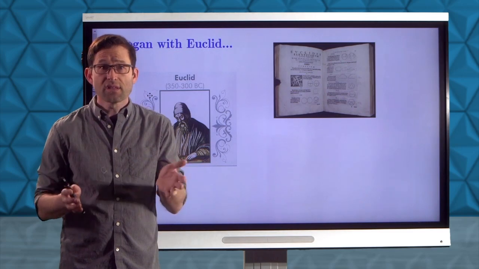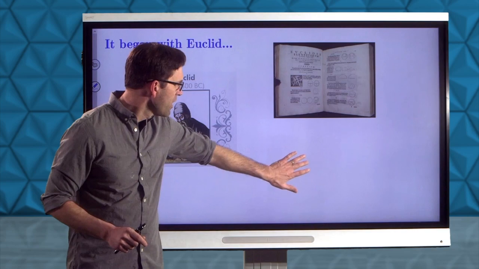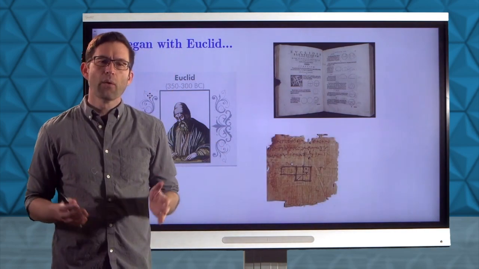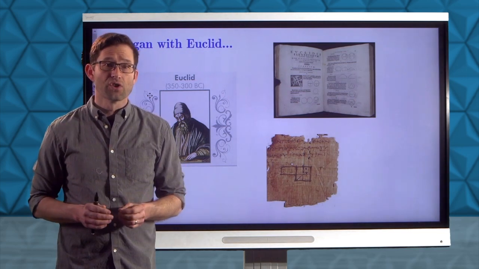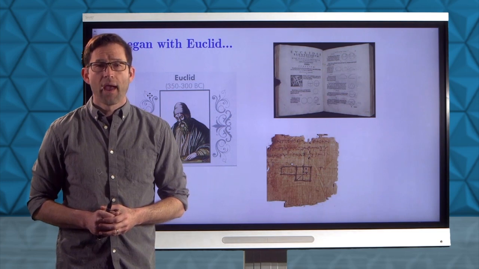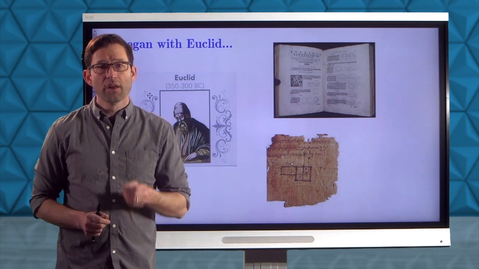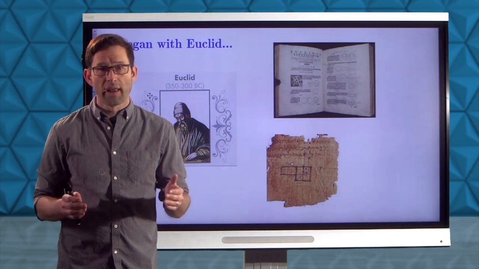And again, these things are remarkably old. But the weird thing about them is that the geometry that was done in Euclid's Elements, you're doing a ton of it this year. 2,300 years old. And the geometry that Euclid developed is essentially what you're going to be starting right now.